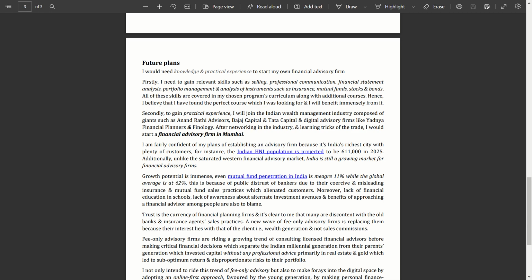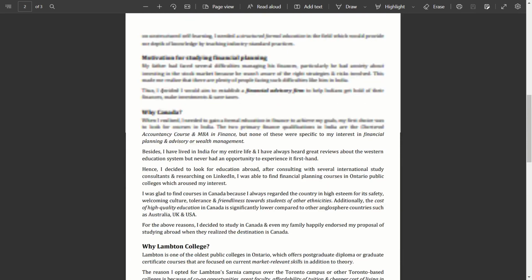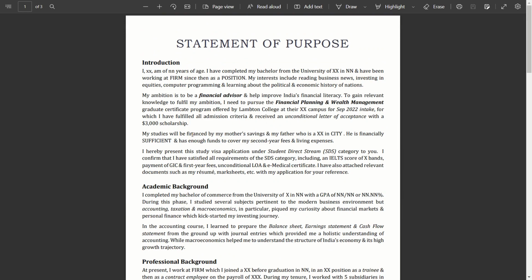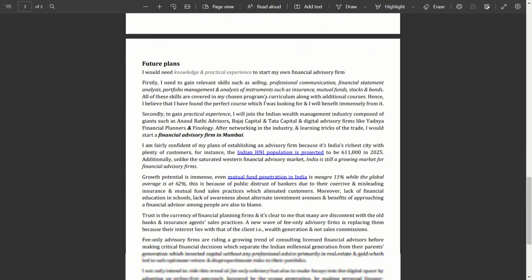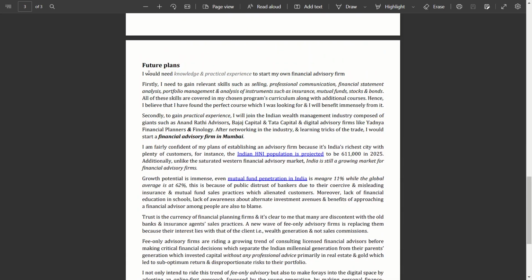I just attached some FD receipts, just to provide evidence for the statement I mentioned, that their parents have savings for me. So that was the evidence for that statement. Now I am going to justify why I am coming back to India.